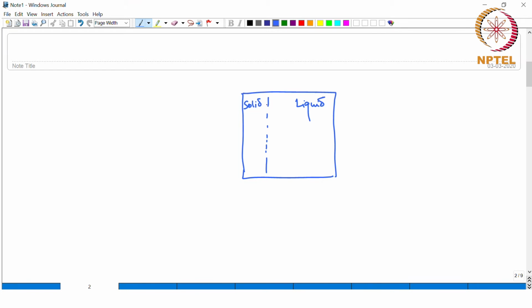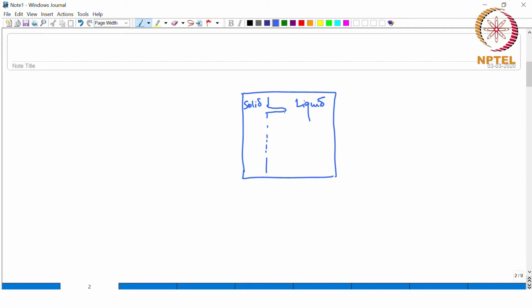So, let us say at any location like this, if a perturbation like this grows, the surrounding liquid in contact with this perturbation is cooler, and as I said, as a result of that this will be stable.